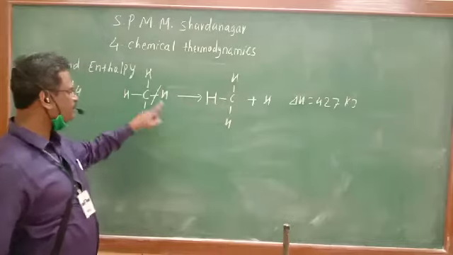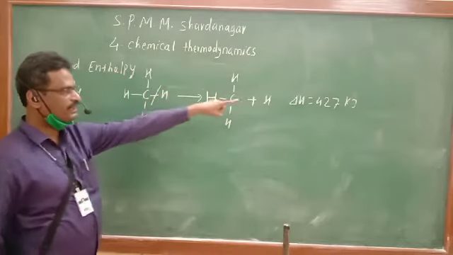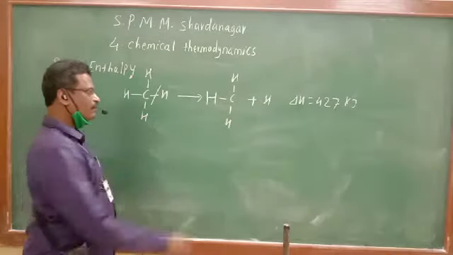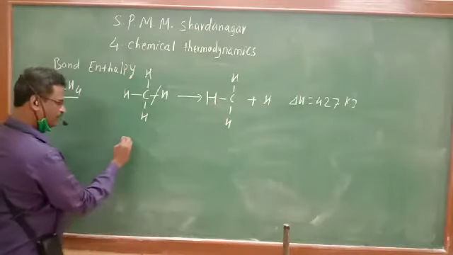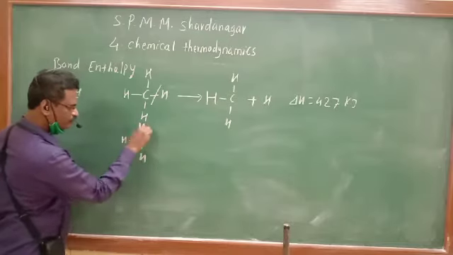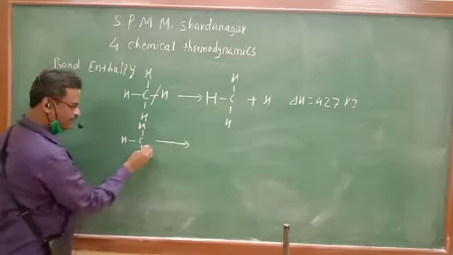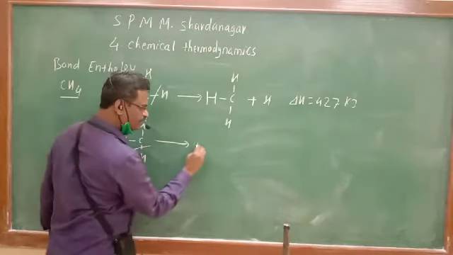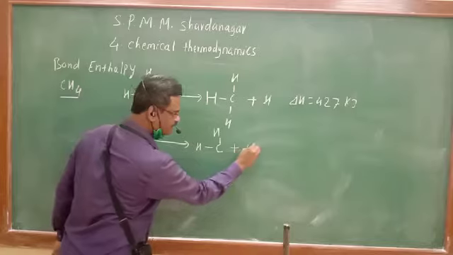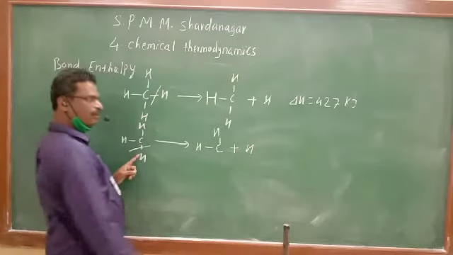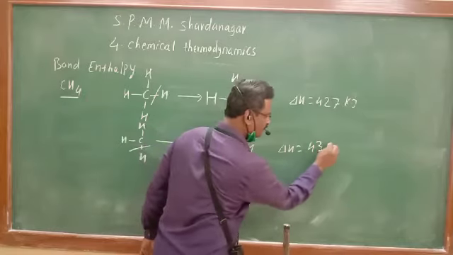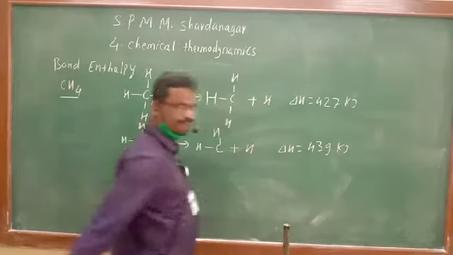In order to break the first CH bond, energy required is 427 kilojoule. Now the second bond is broken. Here it is CH3. A second bond is broken. Now it gives CH2 plus H. To break the second bond, energy required delta H will be 439 kilojoule.